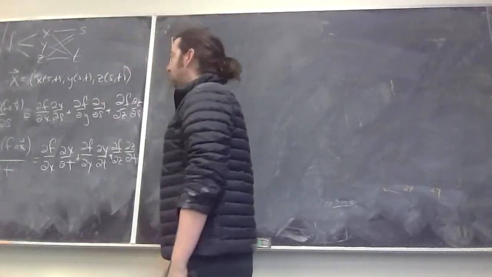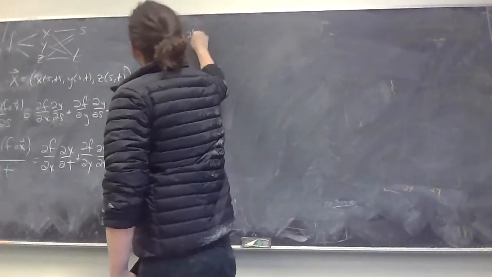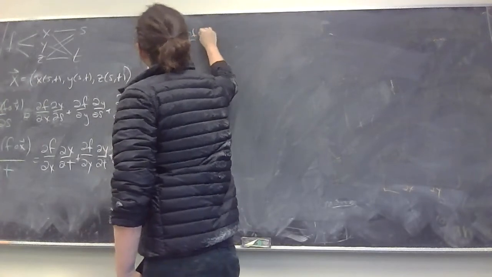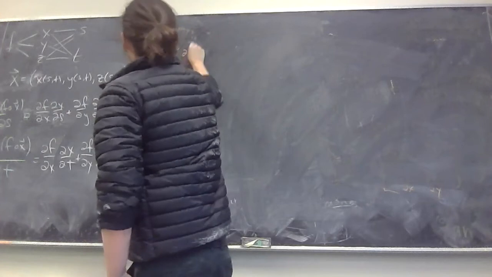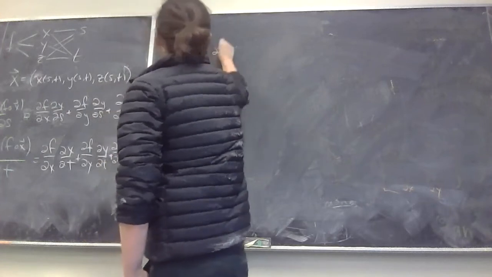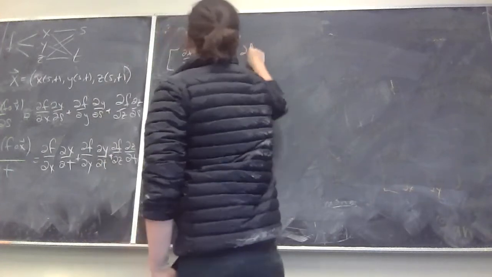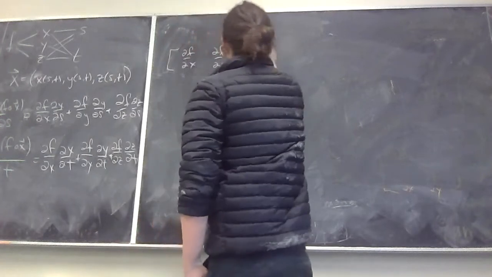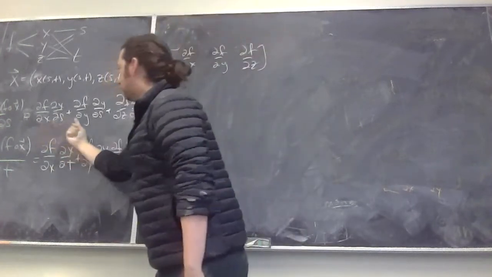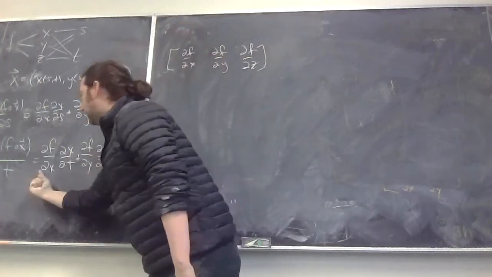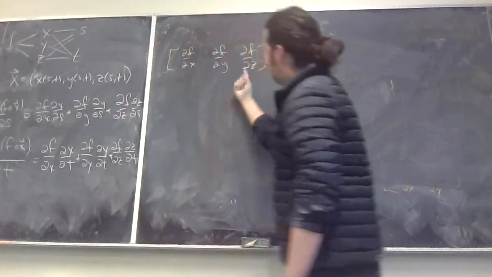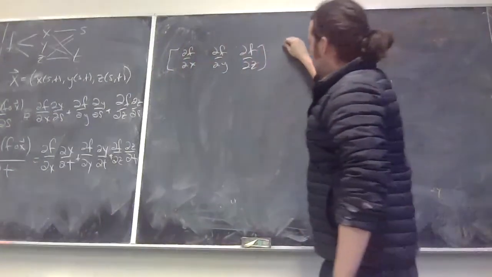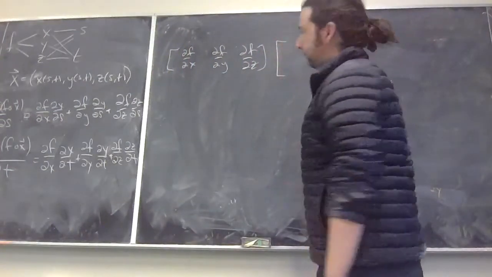It looks like I've taken something like df dx, df dy, df dz. This has a df dx, df dy, and df dz in it. So it looks like I've taken a row matrix like this, and I've multiplied it by some blob.